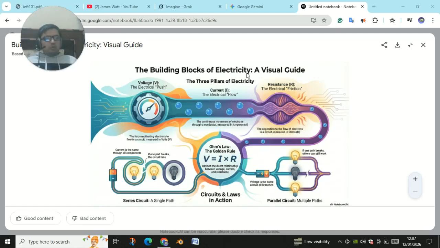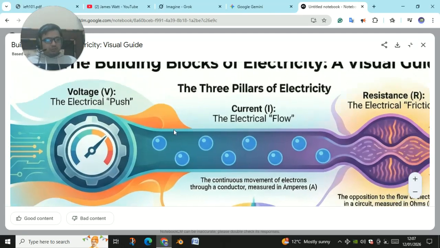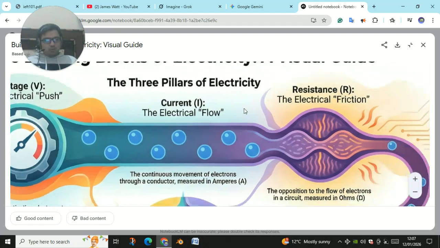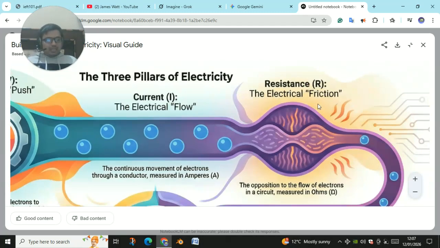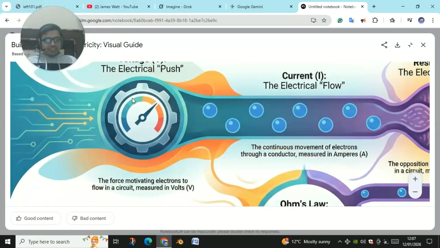So, the building blocks of electricity, a visual guide. Voltage is the electrical push. The three pillars of electricity: current, the electrical flow; resistance, the electrical friction; voltage, the electrical push, the force motivating electrons to flow in a circuit, measured in volts.